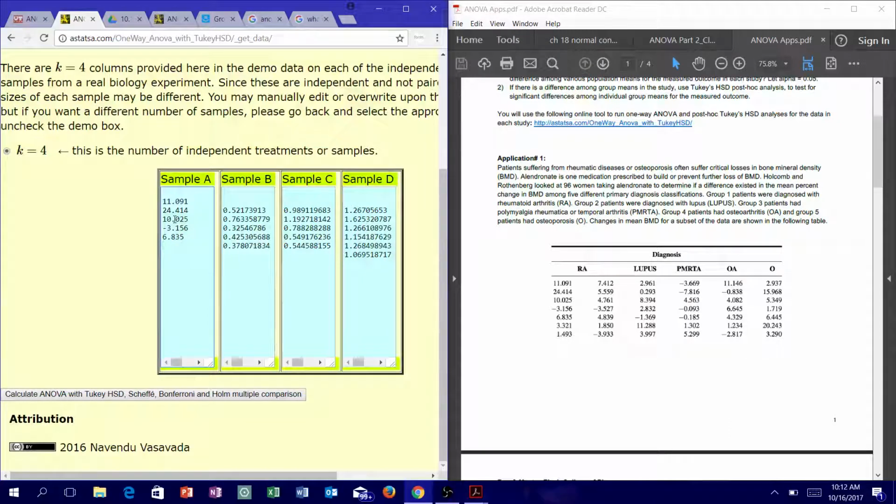I know he jumped to like application 5. So there's 4 groups on this one, is that right?